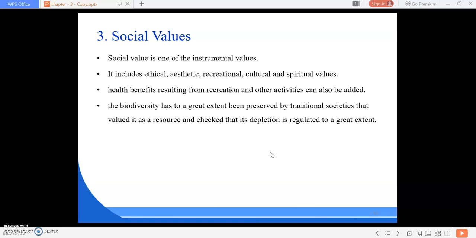Goods and services provided by ecosystems to our society include, first, provision of food, fuel and fiber. Second is provision of shelter and building materials. Next is purification of air and water. Third is detoxification and decomposition of waste.